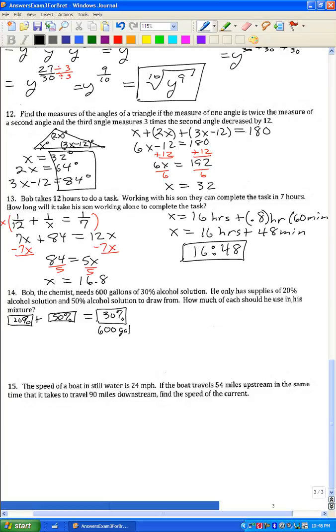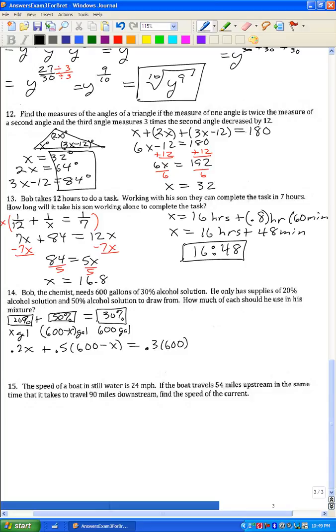Well, I can either let it be two variables, or I can say one variable. Maybe I'll say that this is x gallons. Therefore, x plus something must be 600. So 600 minus x gallons. And so I have that 20% of x plus 50% of 600 minus x is equal to 30% of 600.